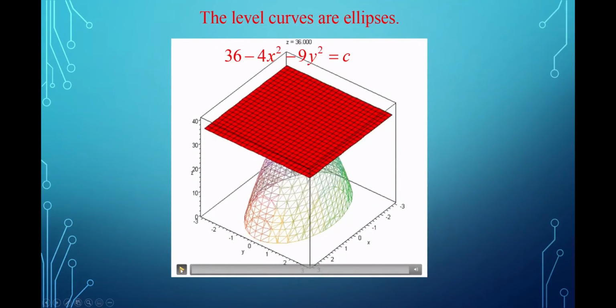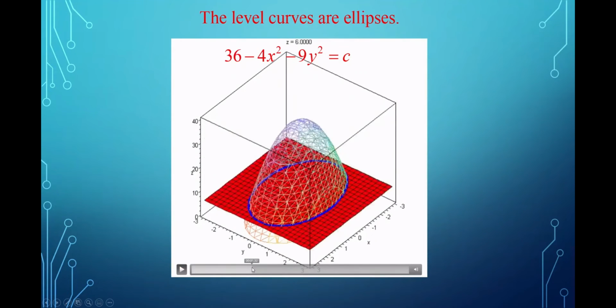The advantage here is that I can actually click in the slider and just look at one of the level curves, this one corresponding to z equal to 6, so the equation of that level curve would be found by putting 6 in here for the constant, and then you wind up getting an ellipse whose equation would be 4x squared plus 9y squared equals 30. Subtracting the 6 from the 36.